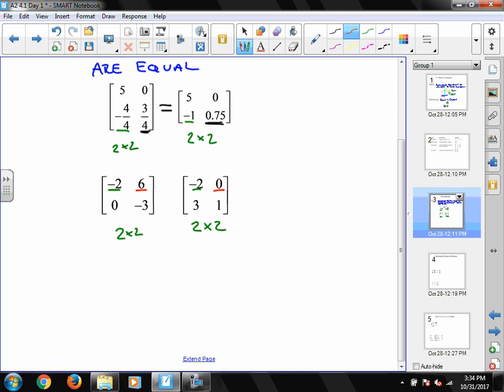So just that one thing right there is going to cause these to be not equal. And if you keep going, you'll see that 0 and 3 are not the same, and -3 and 1 are not the same. So these really are not equal at all. So that's what we're talking about when I say that they're equal.